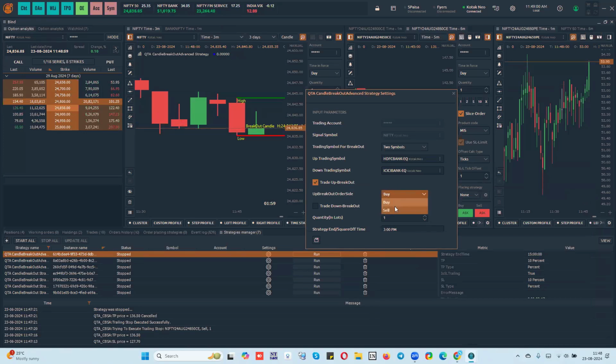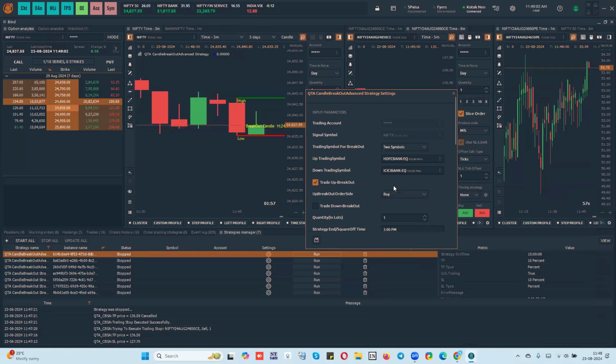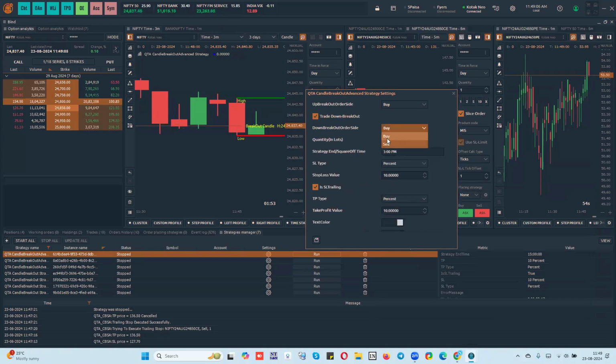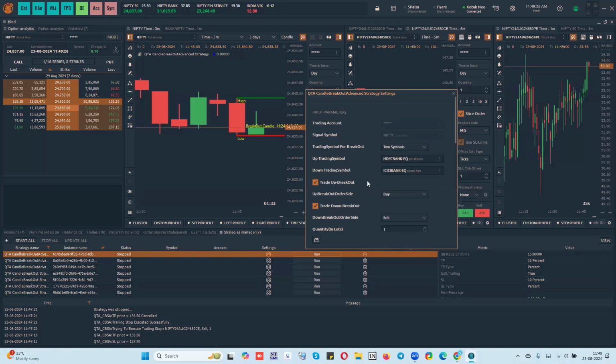I can do anything, buy or sell, but for the upside breakout I buy, and on a downside breakout I sell ICICI Bank. I select one quantity here. Time will remain the same. Stop loss, again, we will do 2 point stop loss, 2 point take profit. I will enable trailing.